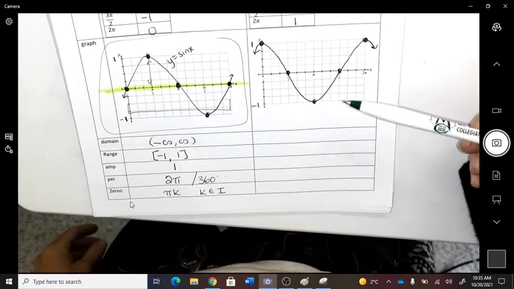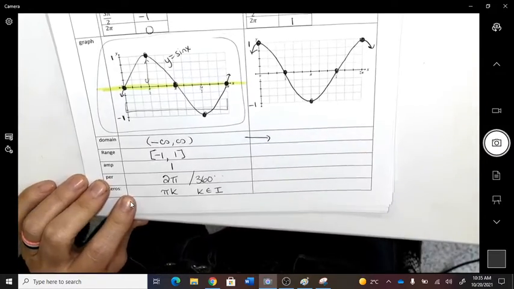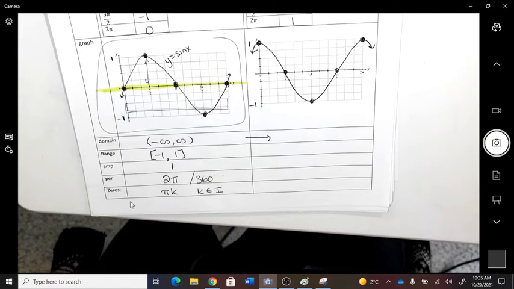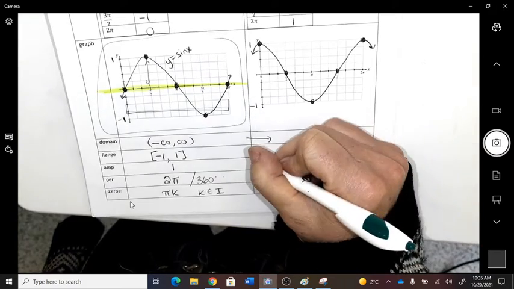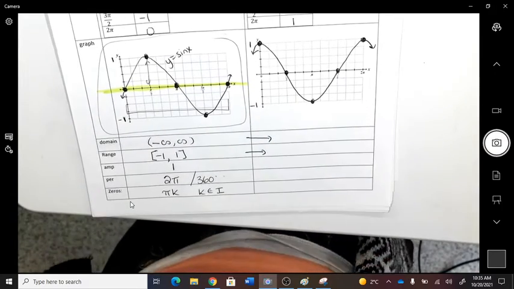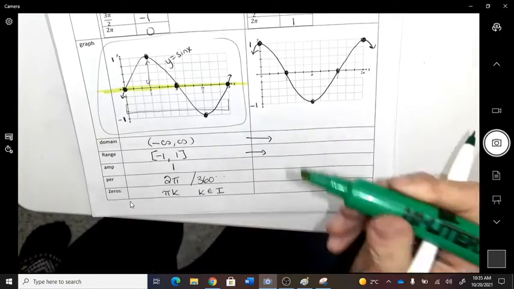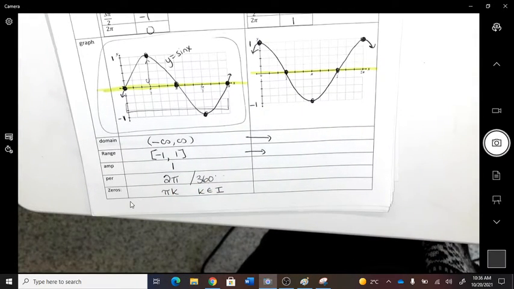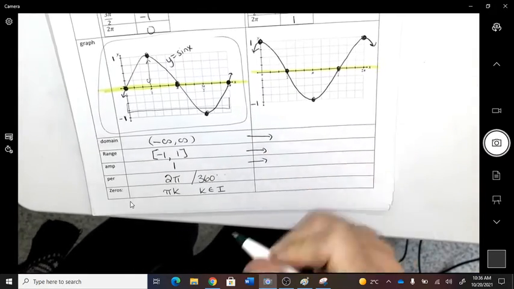What do you think about the domain? I think it's the same. It's going to go forever left and right. What do you think about the range? What's the lowest height, highest height? It's the same. The amplitude: if you think about the middle of this curve, how much are you stretching above it or below it? 1.